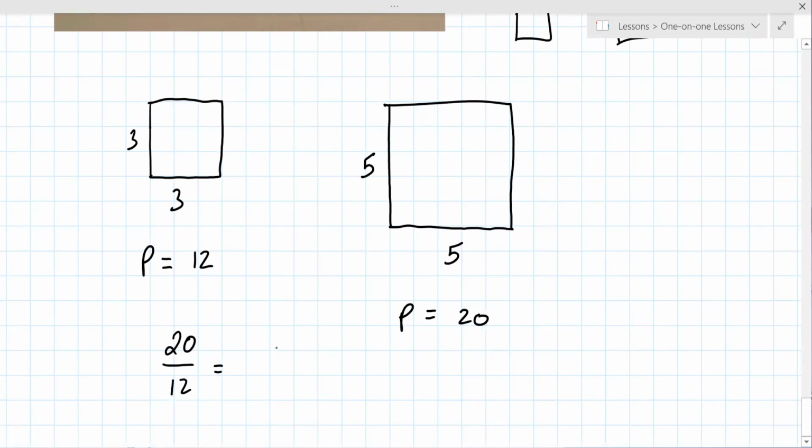Give it to me as a fraction, please. 4 goes into both. Do you see that it becomes 5 to 3? Okay. So the sides are 5 to 3 and the perimeter is 5 to 3. That's really important that you know that. So that means you can just set up a proportion.